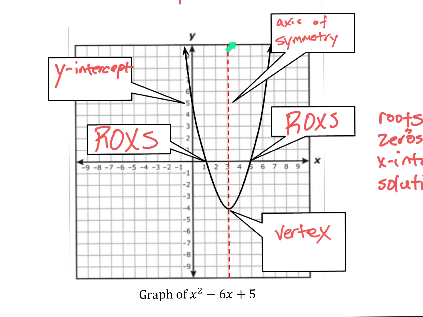If you'll notice, the axis of symmetry also goes through the vertex. So eventually we're going to find our vertex and say what point the vertex is located at, and your axis of symmetry will always be the x value of the vertex.